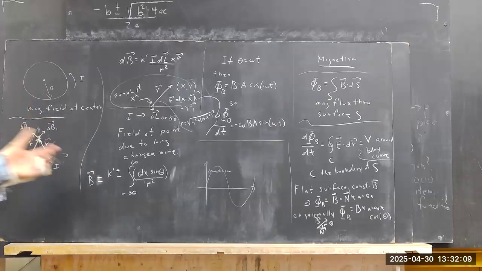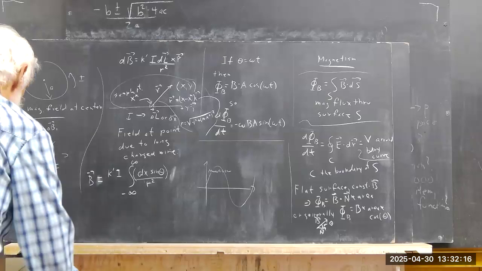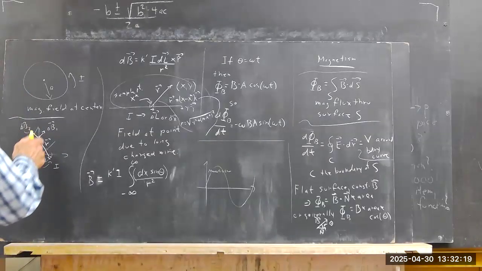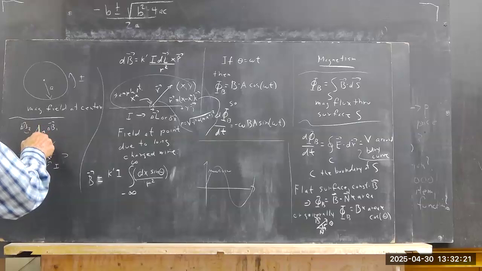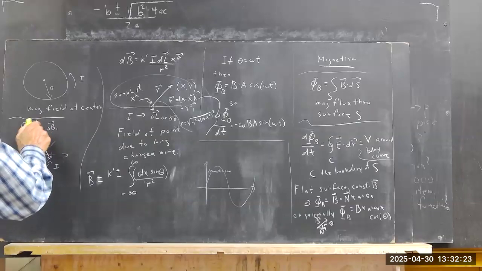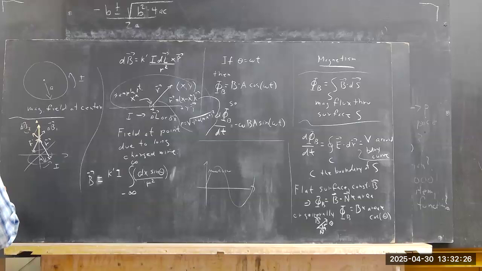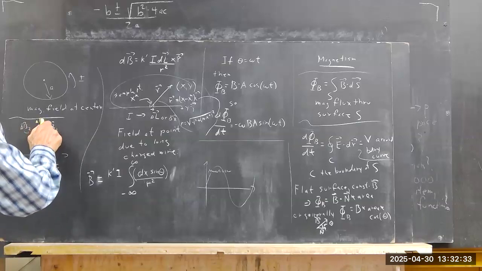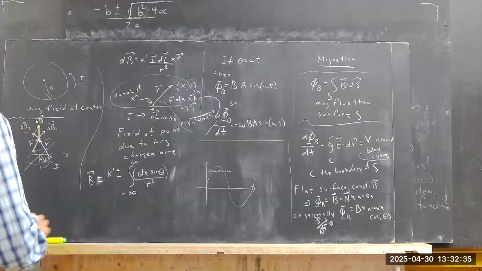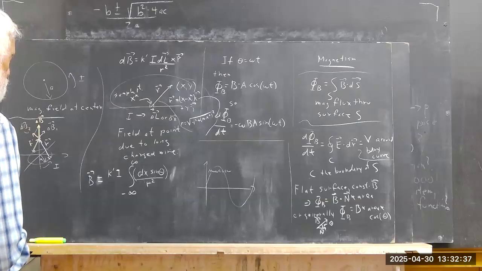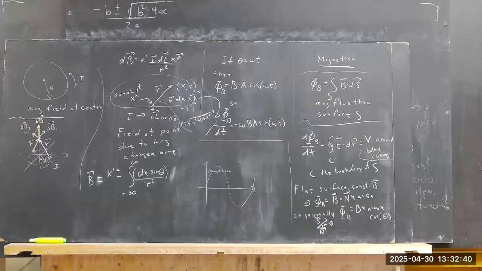If you add these two, the horizontal components are equal and opposite, and you end up with a vertical component. And that's consistent.